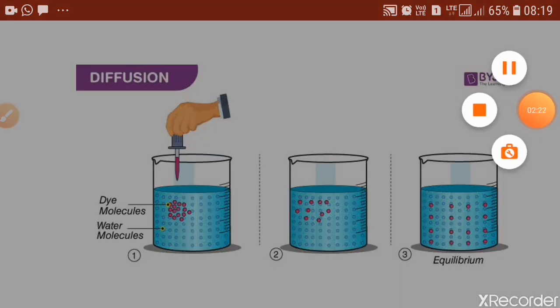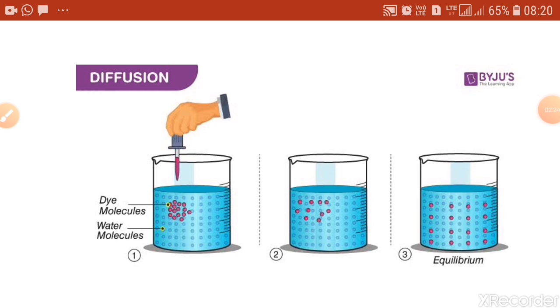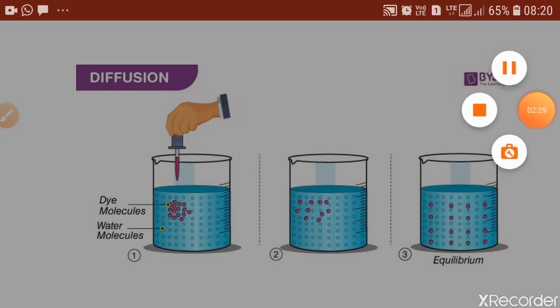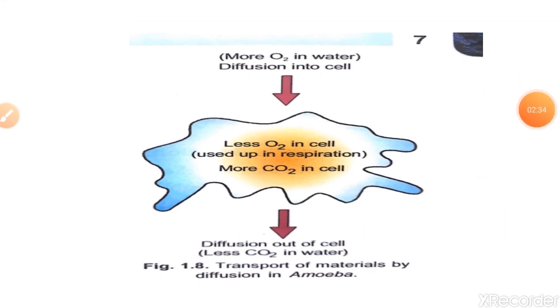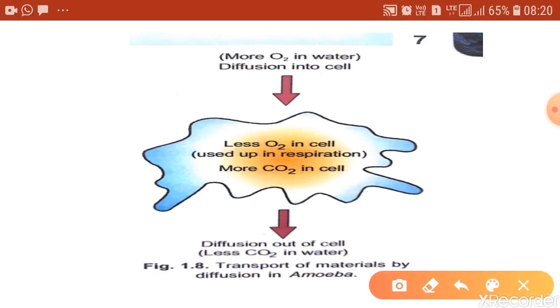Now let us study the importance of diffusion in living organisms or in the cell. The best example of diffusion taking place inside the cell is the exchange of respiratory gases. This is a diagrammatic representation of a respiring cell and how transportation of respiratory gases occurs.